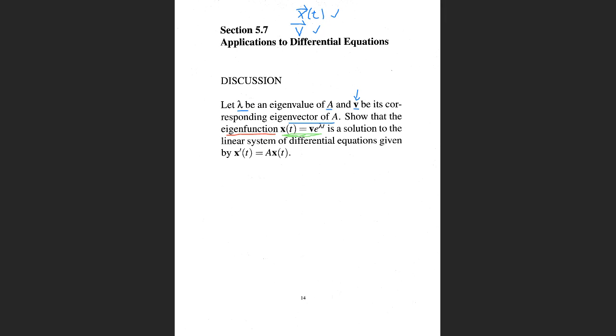If you take an eigenvector and multiply it by e to the power lambda t, where lambda is the corresponding eigenvalue to the eigenvector, that's called an eigenfunction. And it turns out that an eigenfunction is a solution to the linear system of differential equations.